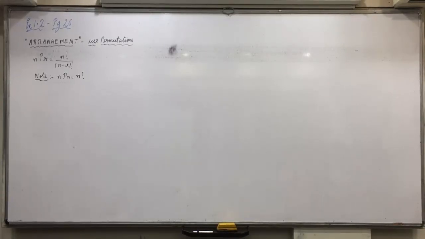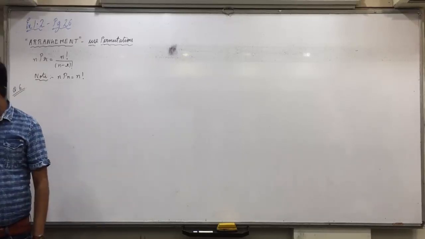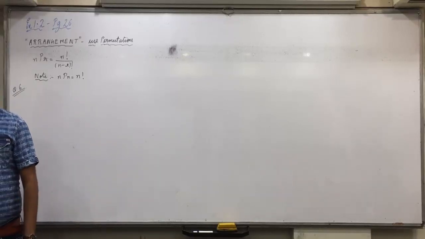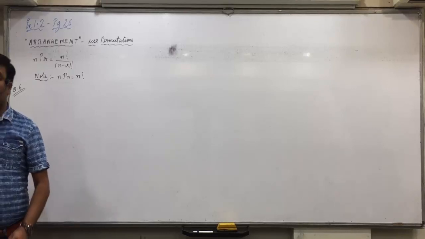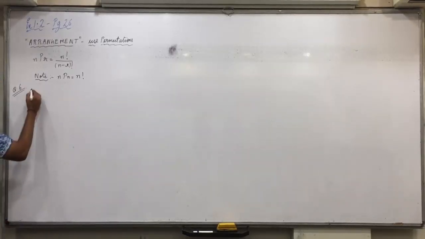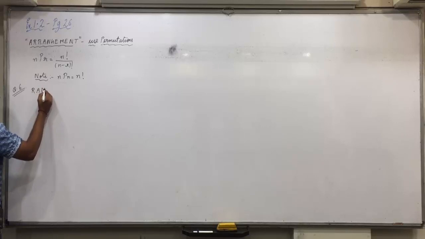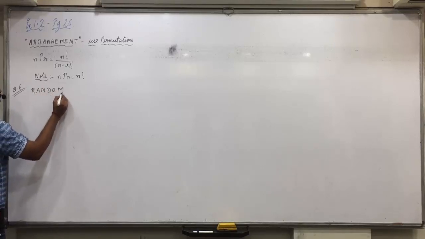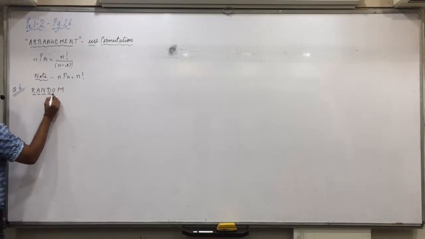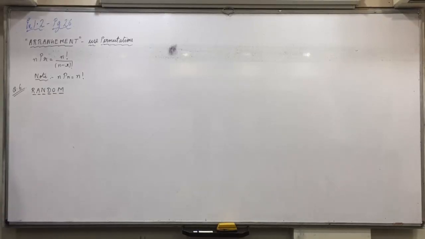Now, question number 6 on page 26. Find the probability of getting R in the first place and M in the last place when all the letters of the word RANDOM are arranged in all possible ways. So see here, RANDOM is the word which has 1, 2, 3, 4, 5, 6 letters.